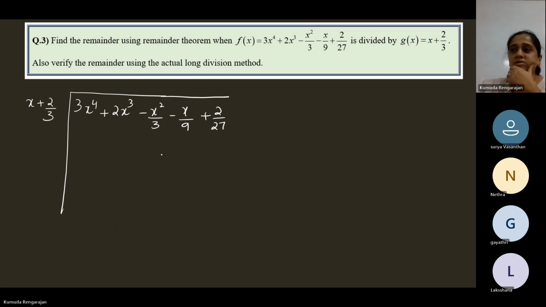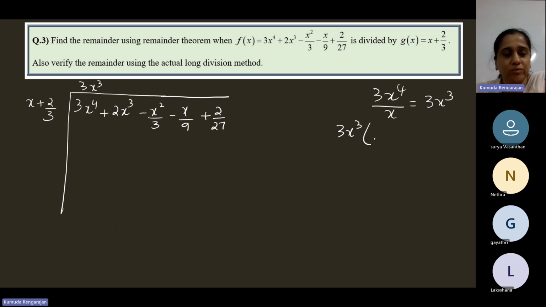So what's the first step? 3x to the power 4 divided by x is 3x cubed. So 3x cubed is the first term in the quotient here, right? Next, you should multiply 3x cubed with x plus 2 by 3.